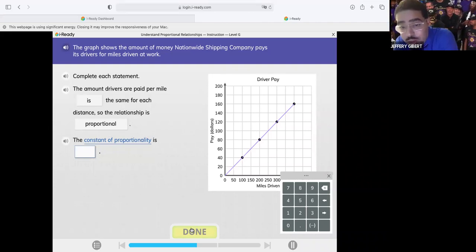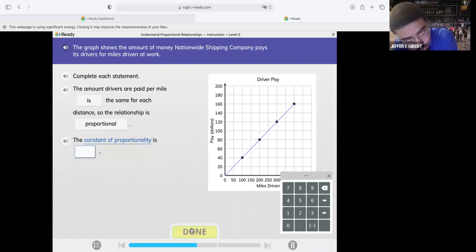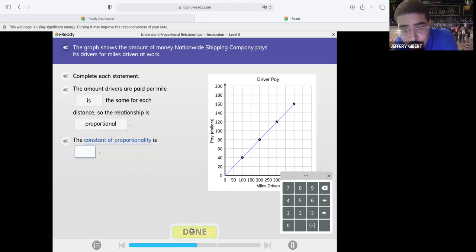So you got to find a point on the graph, then do the y value divided by the x value. $2.5. No, you did the x divided by the y. We need the y divided by the x.